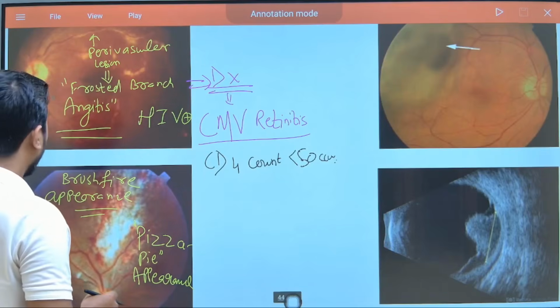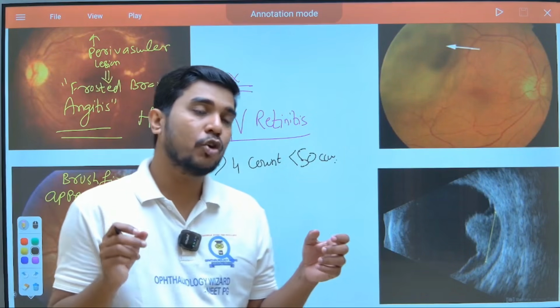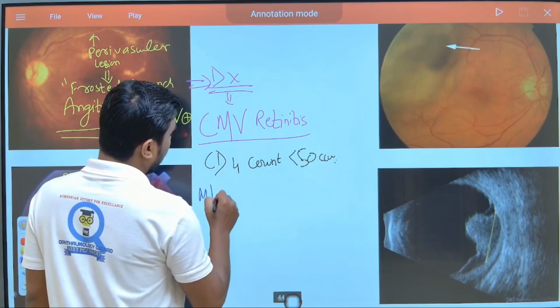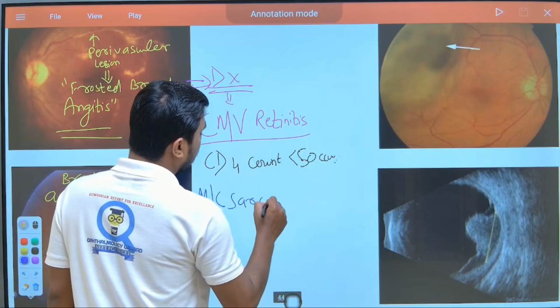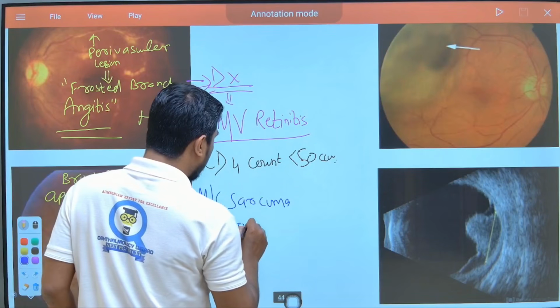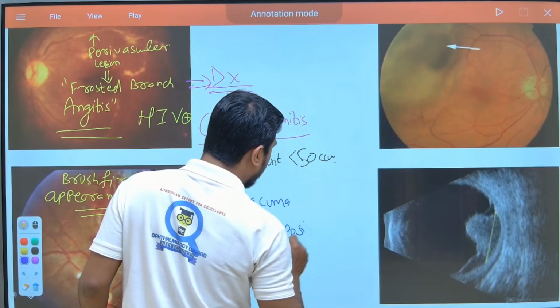Understood? One more important thing: the most common sarcoma in HIV is Kaposi sarcoma.